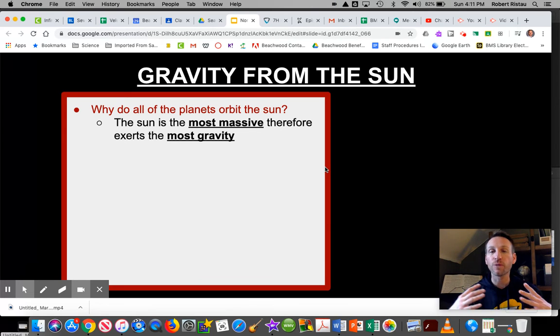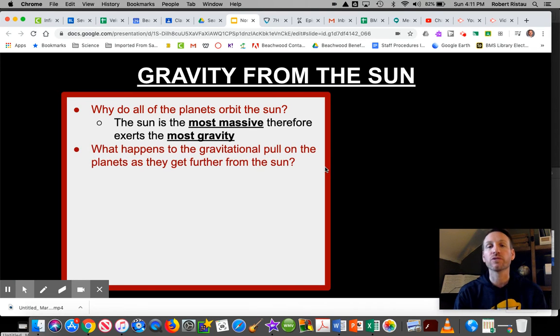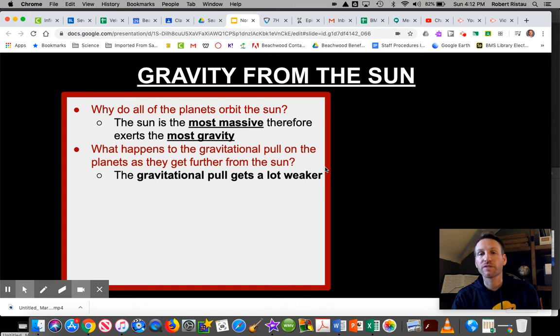Because it is the most massive thing, it has the most gravity, and it's able to keep all of those planets revolving around it because of all the gravity it exerts on those other objects. So what happens to the gravitational pull on the planets as they get further from the sun? Well, if you remember from the previous slide, as distance increases, the gravitational force gets smaller, so it weakens.